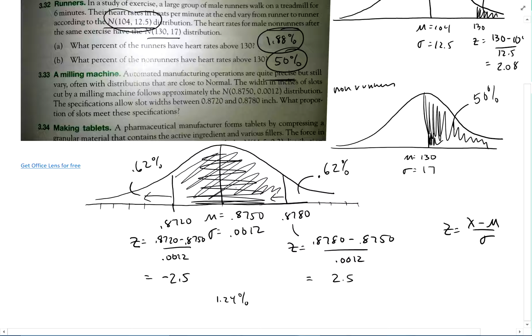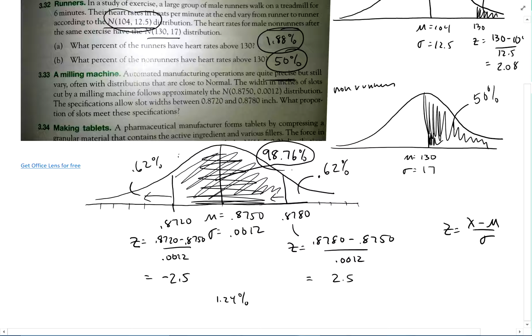Then the inside is 100 minus 1.24, which is 98.76%. Okay, now when you just look at this at the end, it's like, wow! But if you follow it along, hopefully you see how it all works. So this area in here is 98.76%.